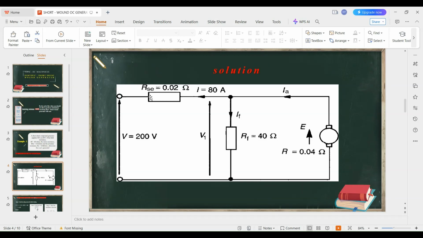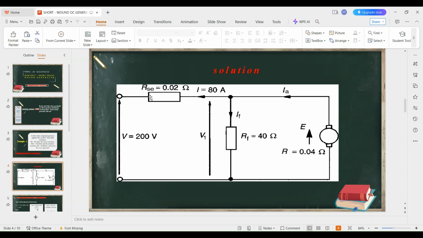If the field resistance is 20 ohms, the series resistance is 0.05 ohms and the armature resistance is 0.08 ohms, determine the EMF generated. This question is not far from what we have done. If you are keen, you can see I've just changed the values. If you follow the steps keenly, you will be in a position to get the right answer.